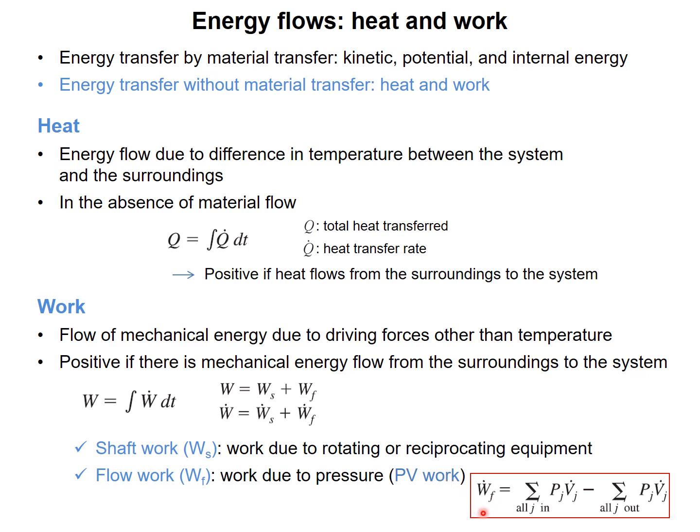So the flow work rate can be PV dot input minus PV dot output. In this PV term, V dot indicates the volumetric flow rate. So we have two types of work, W_S, shaft work, and W_F, flow work. Actually, shaft work will be considered as an important part of the energy balance equations.